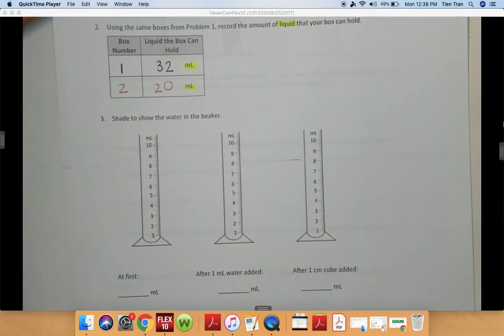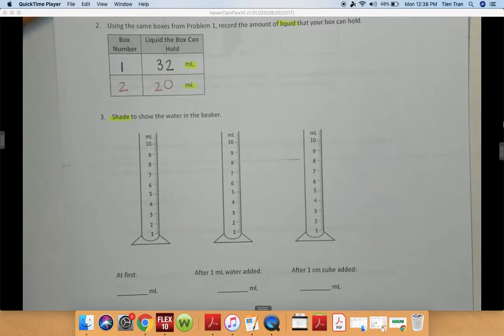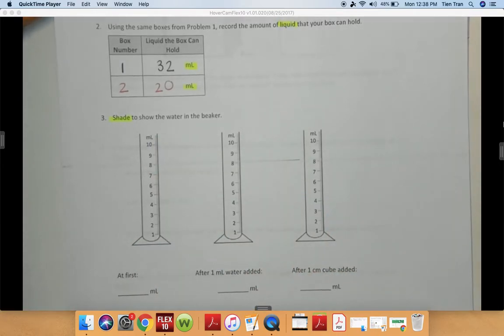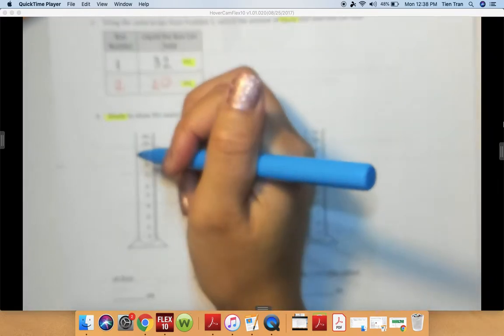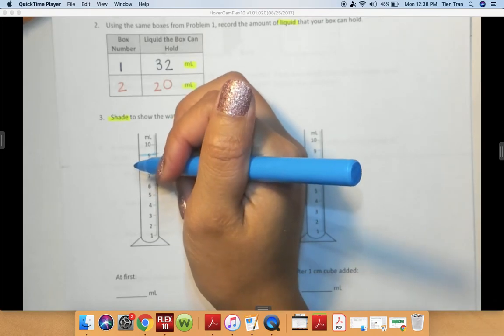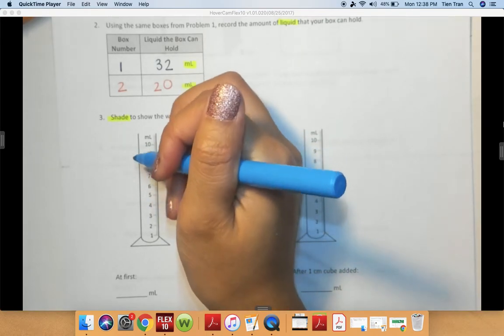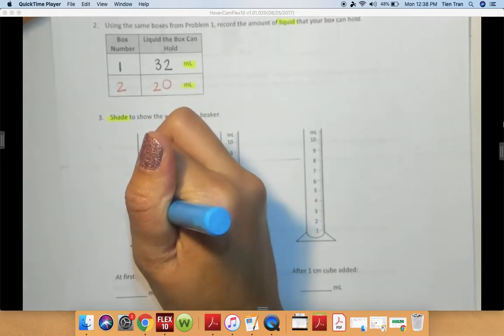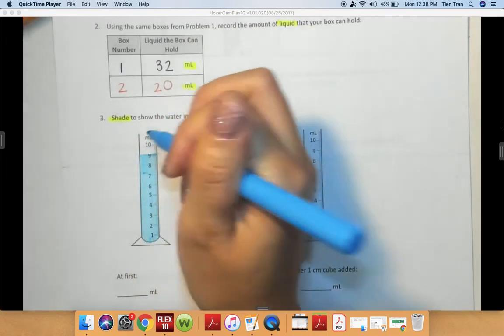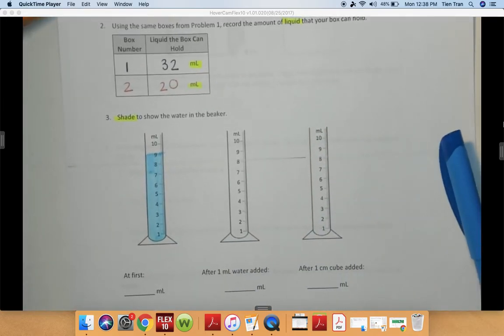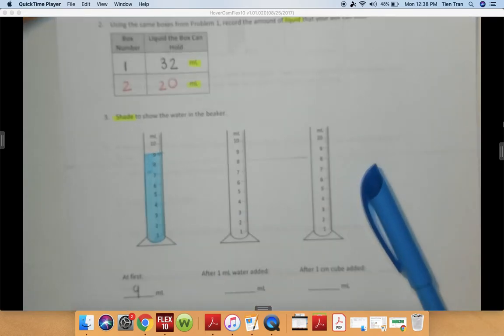Now for number 3. Number 3 says shade to show the water in the beaker. So I can choose however much I want. Maybe the first one you want to shade all the way at 9. So I'm going to shade all of it at 9. That means that there is 9 milliliters.